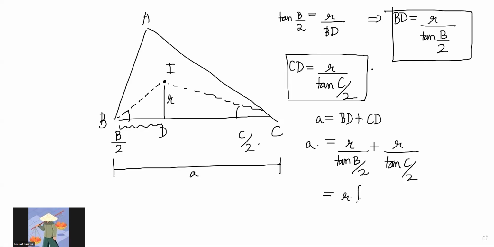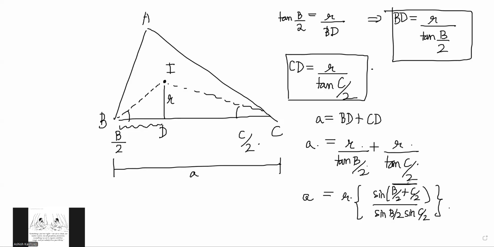So you will take r common and you will have cos by sine: cos B by 2 over sine B by 2 plus cos C by 2 over sine C by 2. It will become sine of (B plus C) by 2 on top, and sine B by 2 sine C by 2 in the denominator. Do you understand? Yes, sir.